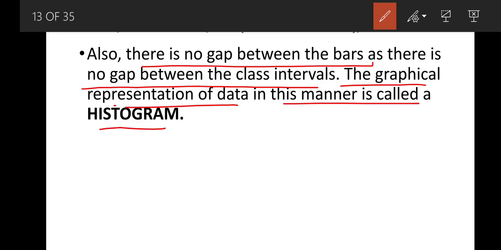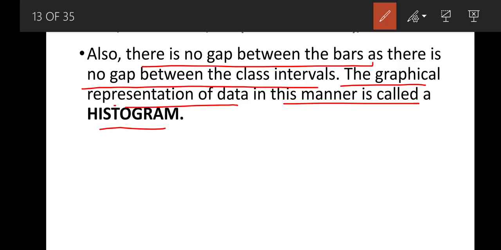So basically, what are the differences between bar graphs and histograms? A bar graph is used for ungrouped data, and for a histogram, you have seen that we group the data and then make the histogram. This I will be showing in further slides.